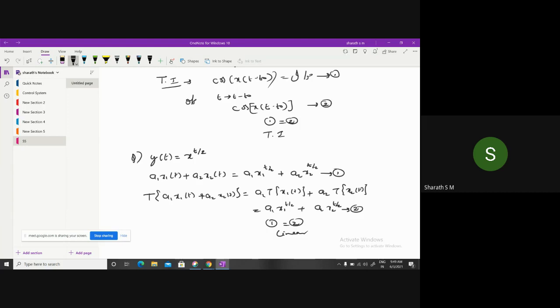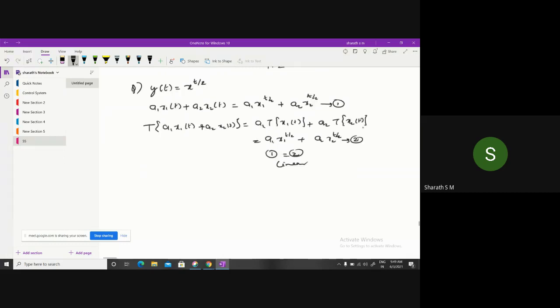So x power t by 2 depends on the present value. So it's causal and memoryless, and check for time invariance. With respect to time invariance, we shift the input by t naught, so that is the input side. Label it as equation 1.